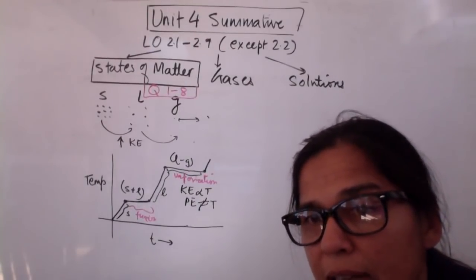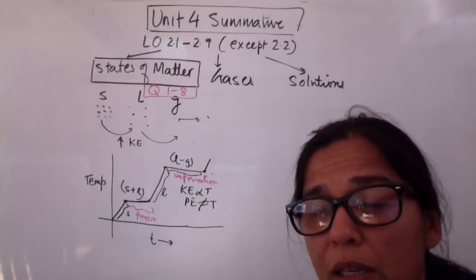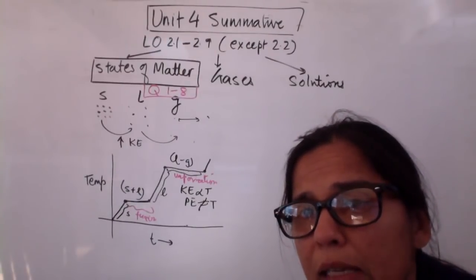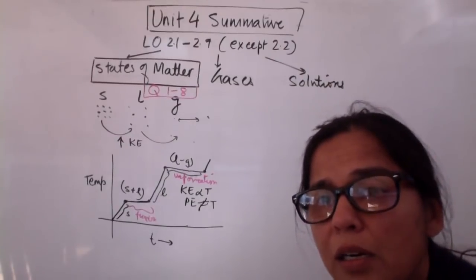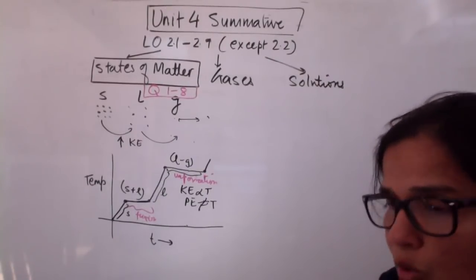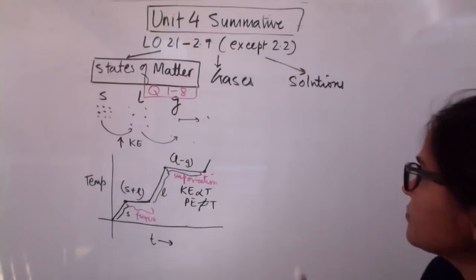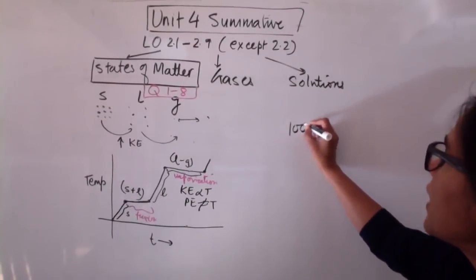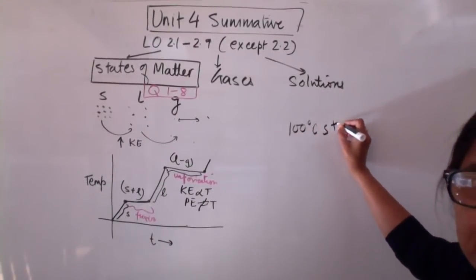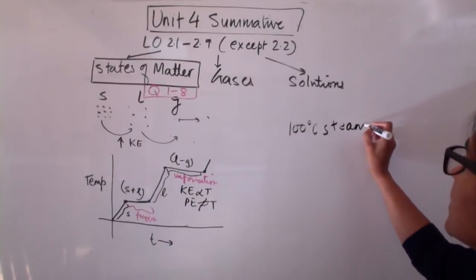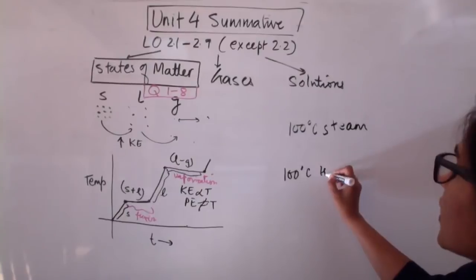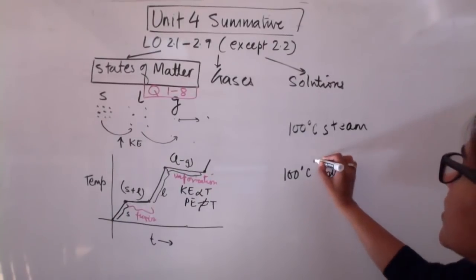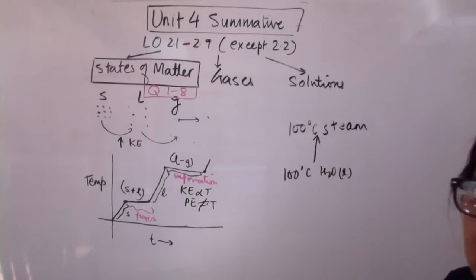You're welcome, Dan. And for 3, why is B true for number 3? Manju, B is true because you have 100 degrees steam, right? So how does it happen? 100 degrees water in liquid state will need to turn to 100 degrees steam.